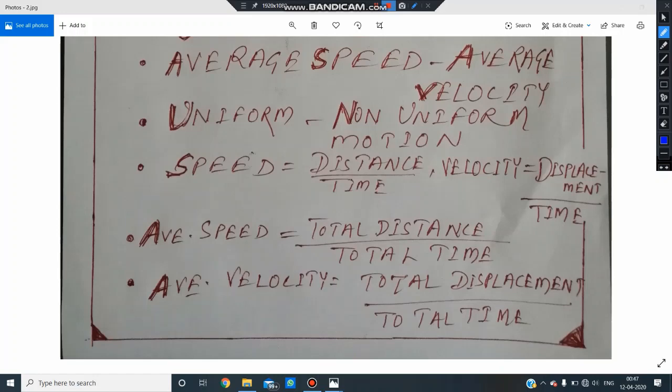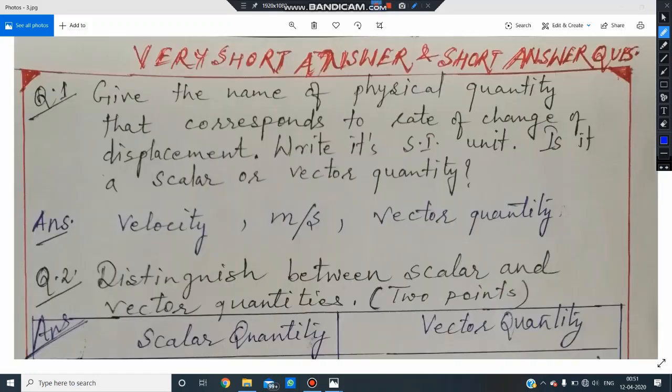Moreover, we will solve n number of numericals which will give you an idea about how to attempt the questions based on these topics. It is a suggestion to the students that they should attend the lesson keeping a copy and pen ready so that with the proceeding of the lesson, they also try to attempt the questions for better understanding. Let's start with the first question.